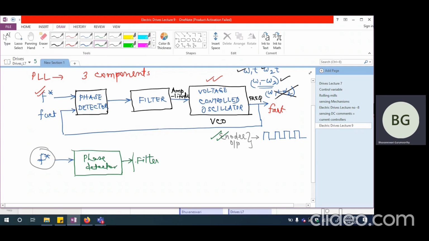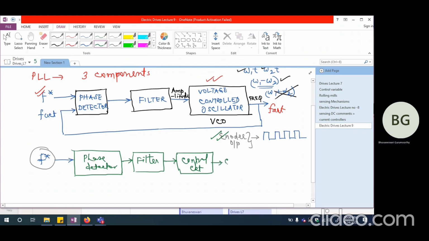Now all we are going to do is to replace this voltage controlled oscillator by a control circuit which is going to adjust the control signals to a converter.